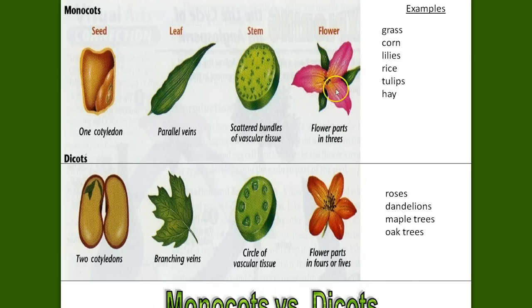And then the flowers. 3 petals or multiples of 3, which means 3 would come on the flower and then maybe 3 more would grow on top of it and 3 more on top of it. That is called a monocot flower. Flower parts in 3s. And then dicot flowers are in 4s or 5s.